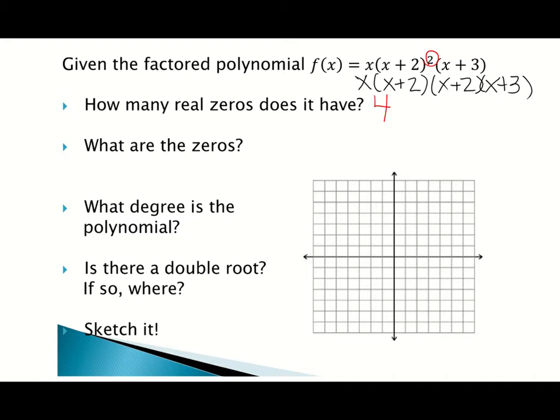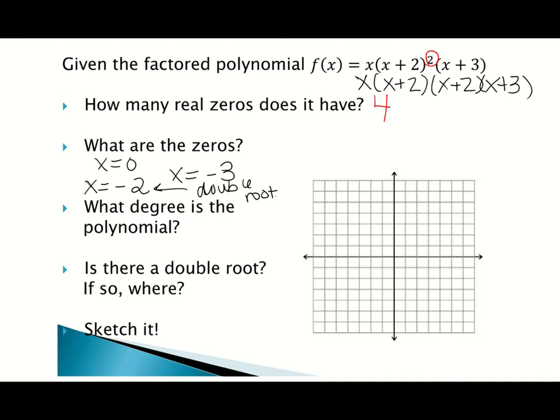Well, we have x equals 0, x equals negative 2 and x equals negative 2, as well as x equals negative 3. So x equals negative 2 occurs twice, so we see that this is going to be a double root. It's going to bounce off of negative 2.